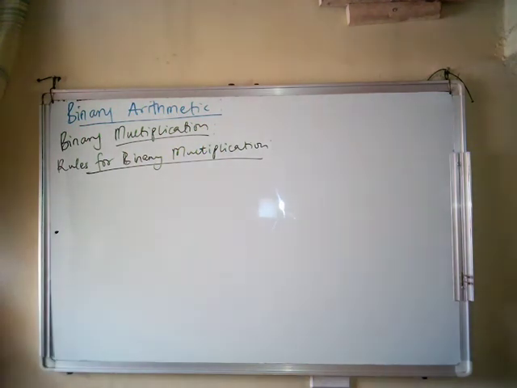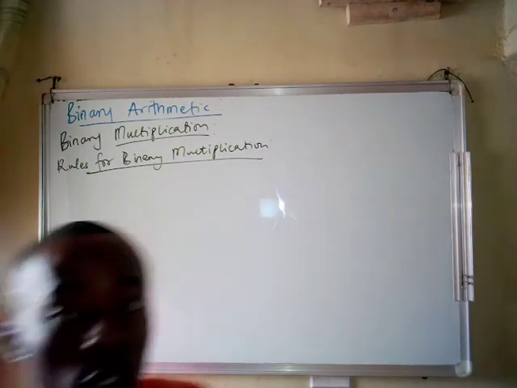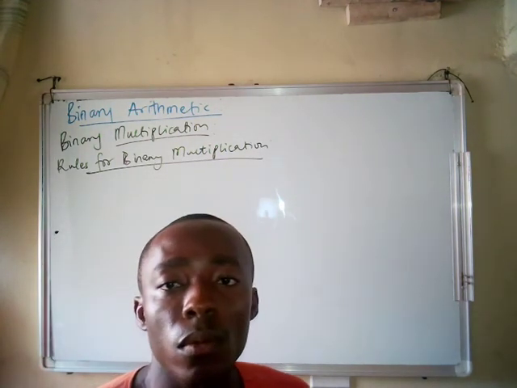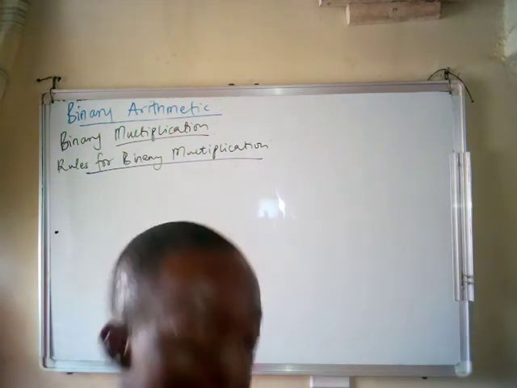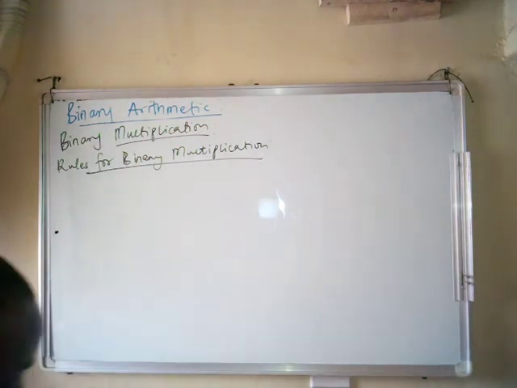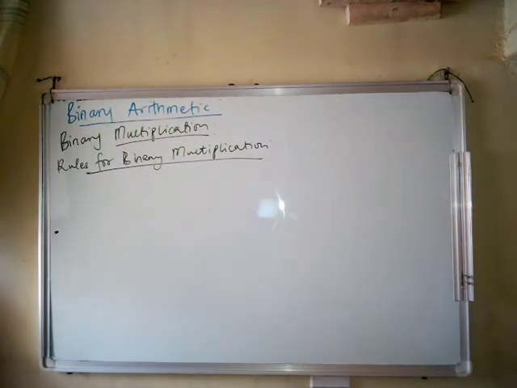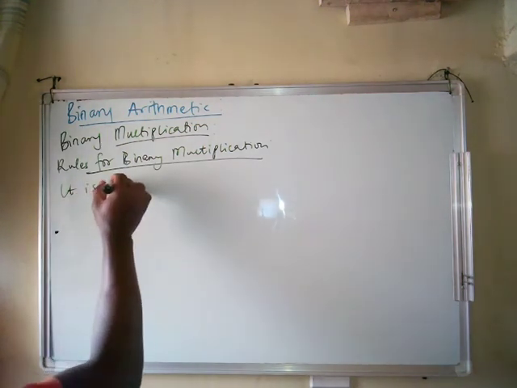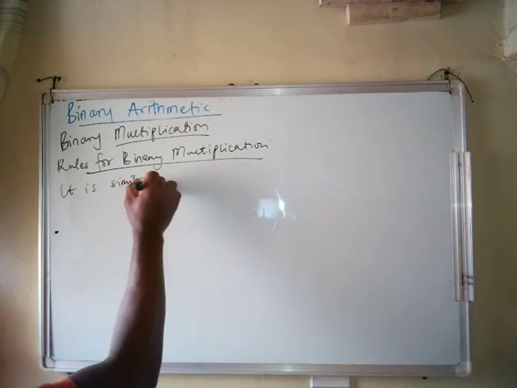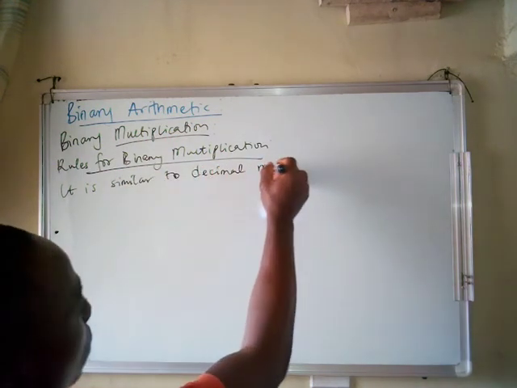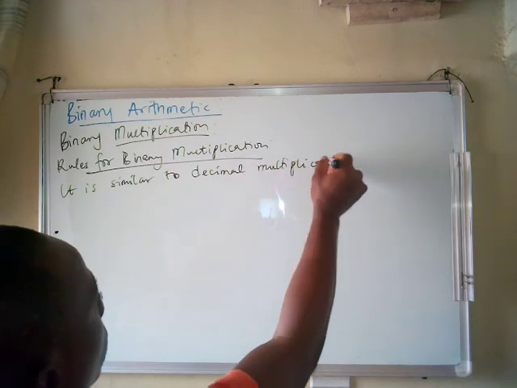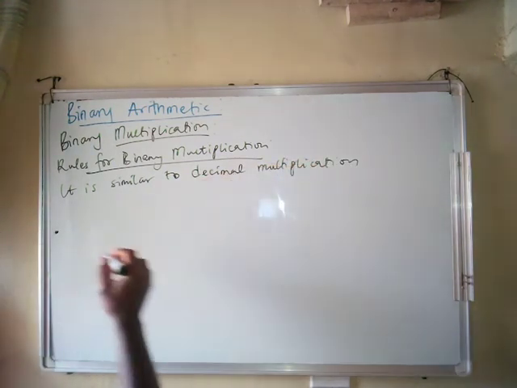Binary multiplication is similar to the way you multiply in decimals. The only difference is that zeros and ones are involved, but the rules are the same. So it is similar to decimal multiplication.